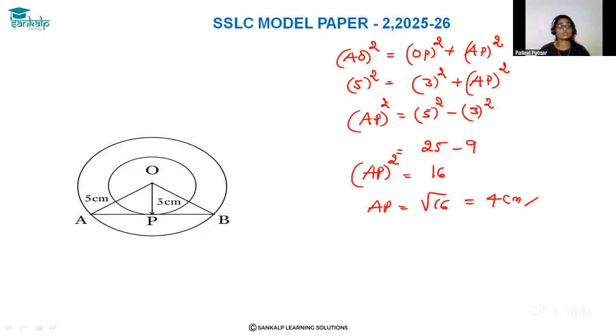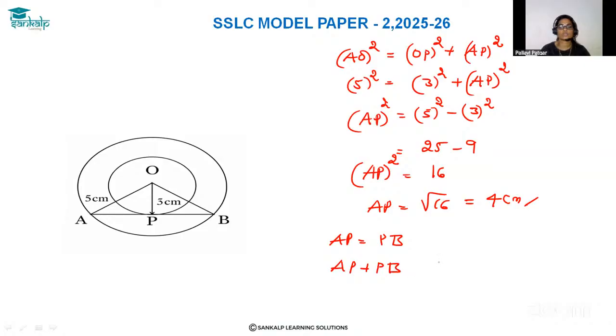So now calculate the total length of the chord. We need the total length, the length of chord AB. So the radius OP is perpendicular to the chord AB. So it bisects the chord, meaning AP is equal to PB. So the total length of the chord AB is AP plus PB.